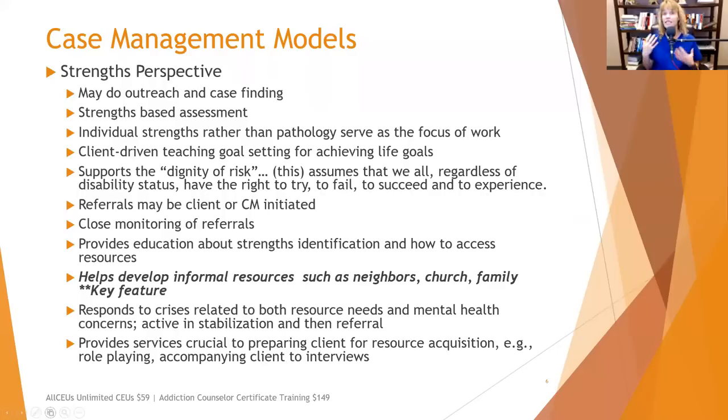If the client is triggered and starts feeling like they're going to slip or relapse, again, the case manager may be able to help them see relapse warning signs and make referrals as necessary in order to help the client get stabilized. They're not providing the treatment, but they're helping the client identify needs and access resources.